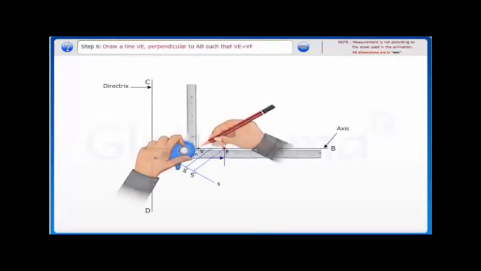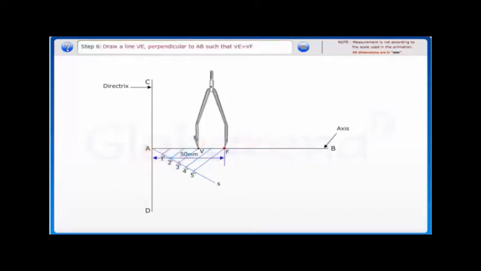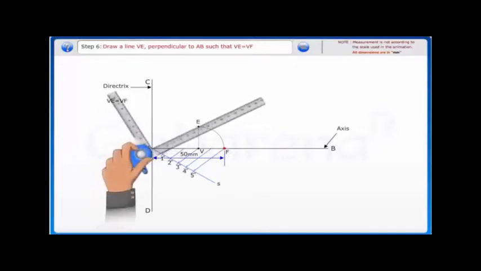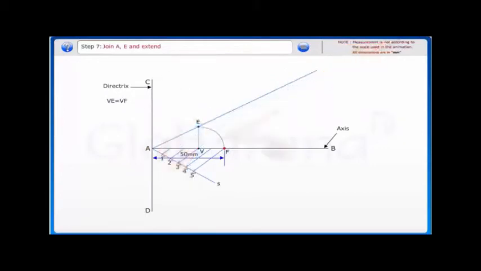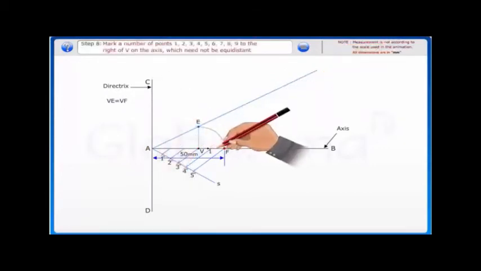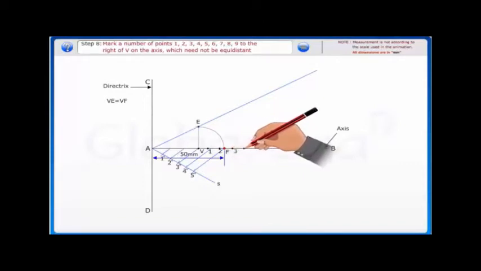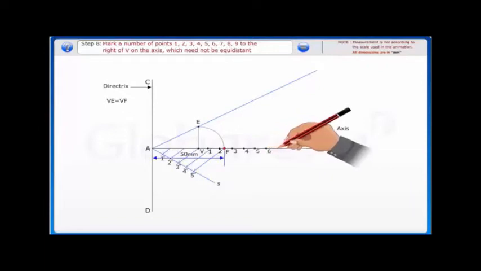Draw a line VE perpendicular to AB such that VE is equal to VF. Join AE and extend. Mark a number of points 1, 2, 3, 4, 5, 6, 7, 8, 9 to the right of V on the axis, which need not be equidistant.